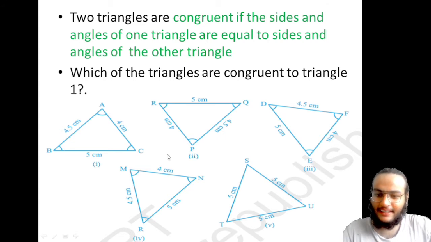We can see that triangles 2, 3 and 4 have the same sides. But triangle 5 has 5 cm, 5 cm and 5 cm sides. So triangles 2, 3 and 4 are congruent to triangle 1.